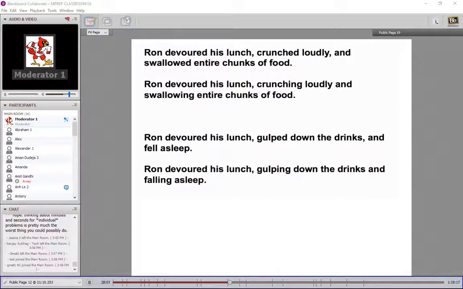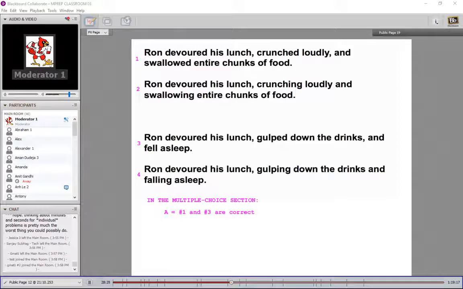So here's the way I want you guys to vote on this. In the multiple choice section, let's number these 1, 2, 3, 4. Give me choice A if number 1 and number 3 are correct.